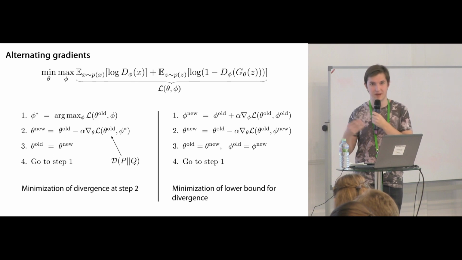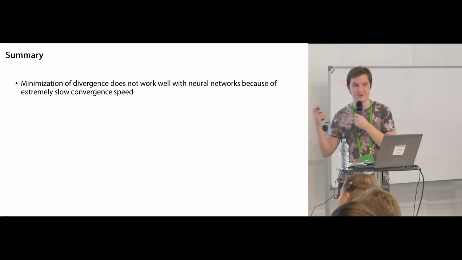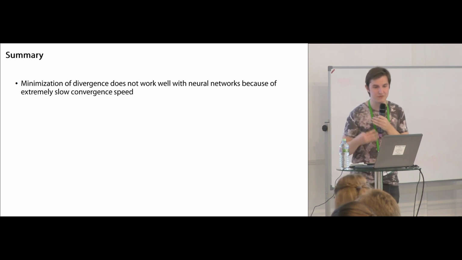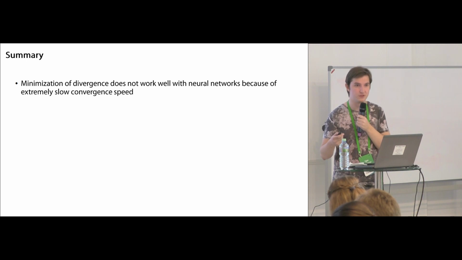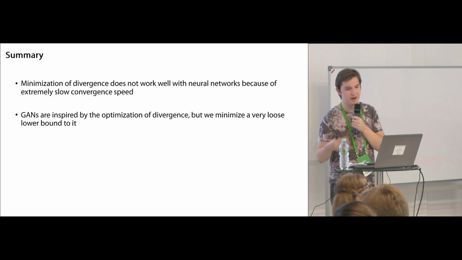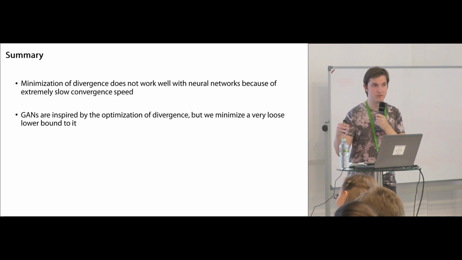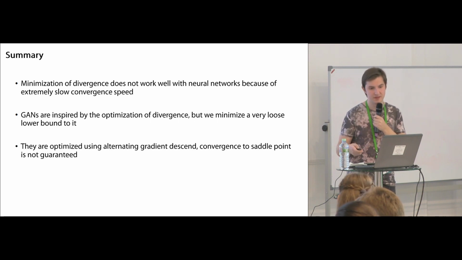essentially, I'm just trying to hint at what I was telling you: minimization of divergence does not work well with neural networks because of extremely slow convergence speed and the fact that the convergence is not really guaranteed, and that the GANs that we use are only inspired by the divergence because we minimize the lower bound to divergence during the optimization process.